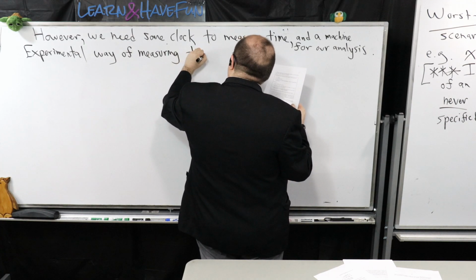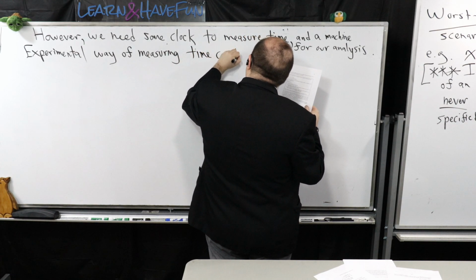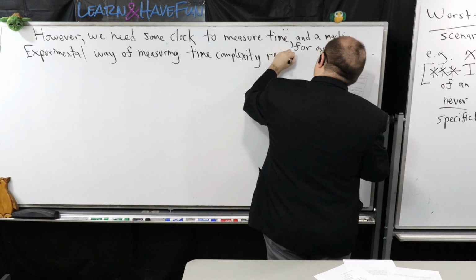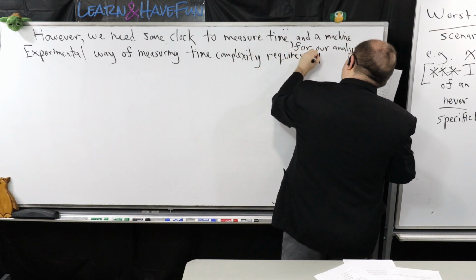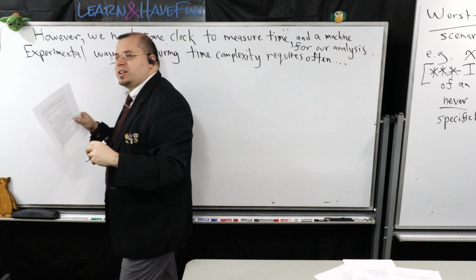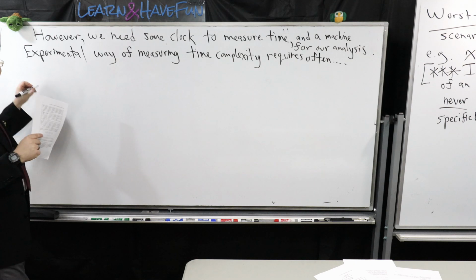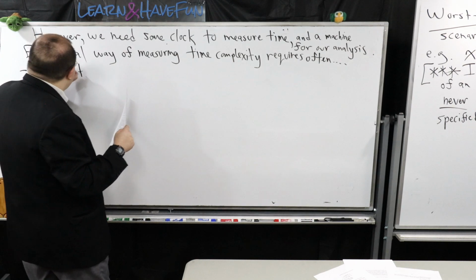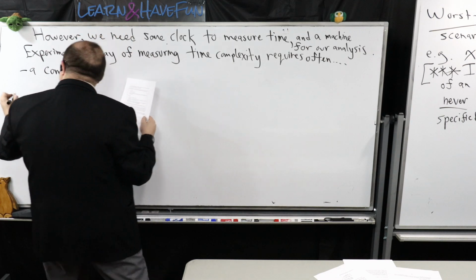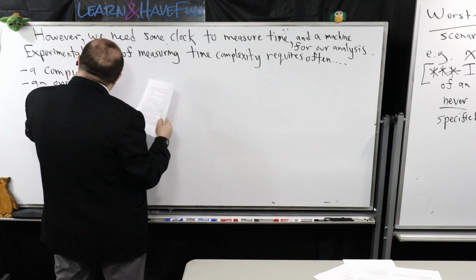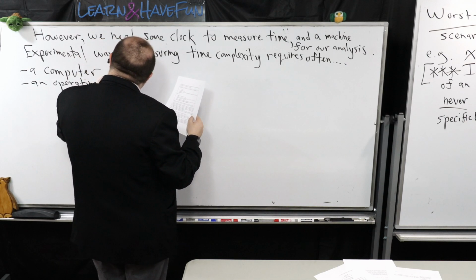Measuring time complexity experimentally often requires several things. Well, the first thing you need if you're doing a computer experiment is probably a computer, right? You need a computer. You need an operating system to run your program, probably.